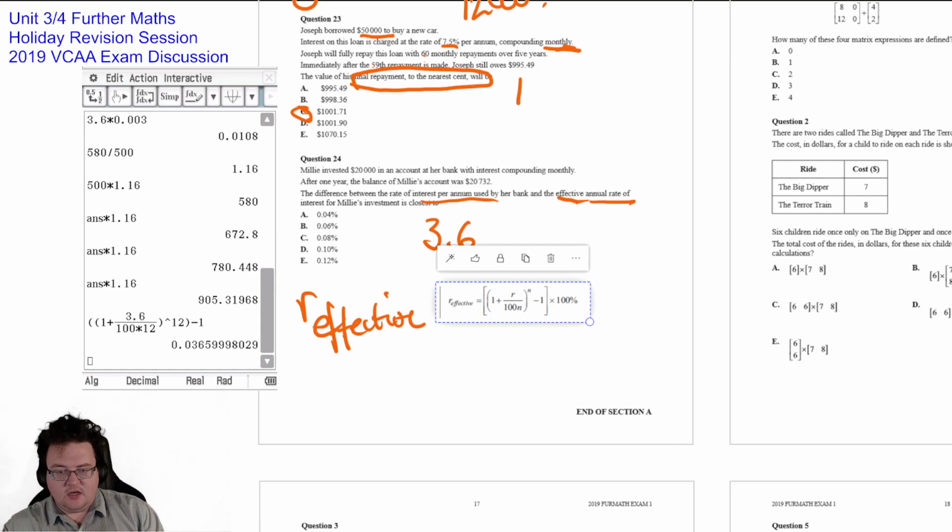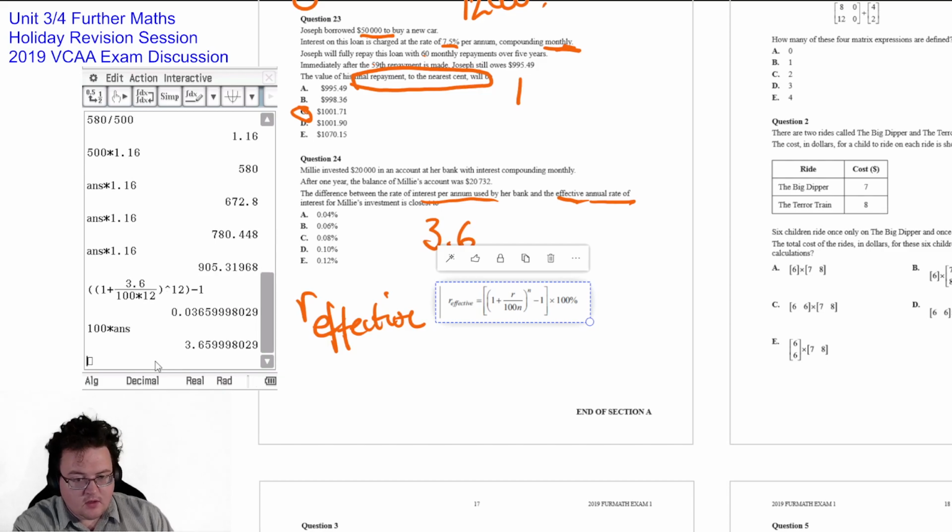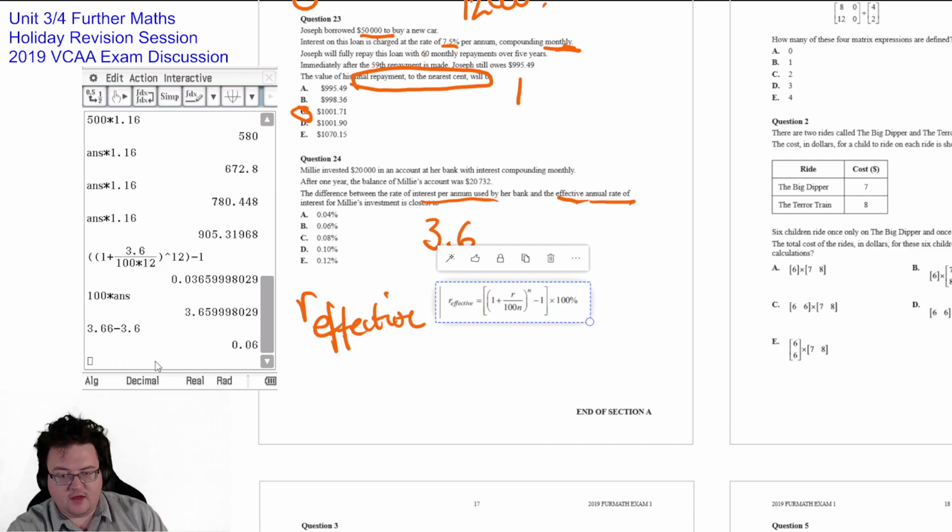And then I multiply that number by 100 to get the percentage. I get 3.66. 3.66 minus the 3.6 that we already started with, and we get 0.06, which is the answer.